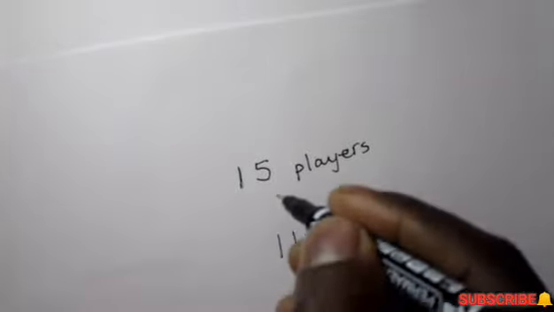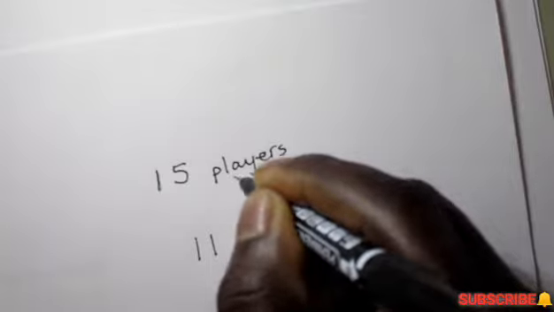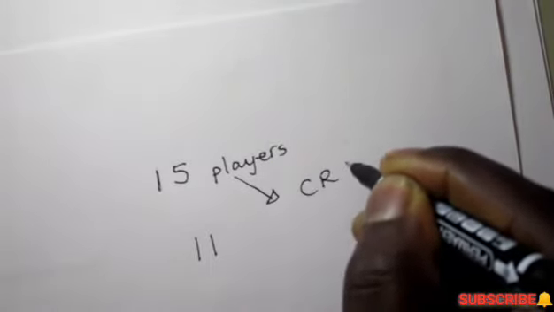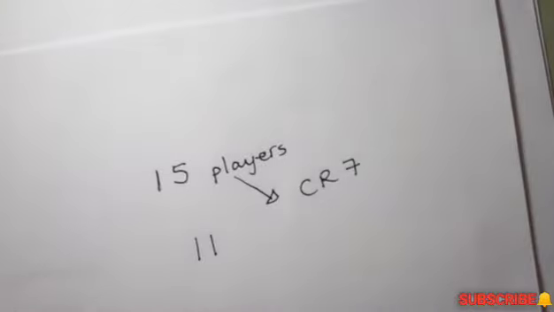So, of the 15 players in the Portugal team, we have CR7, Cristiano Ronaldo, as their captain, right? And the question is now asking you to find the ways of selecting the team whereby their captain Cristiano Ronaldo must be part of the team.